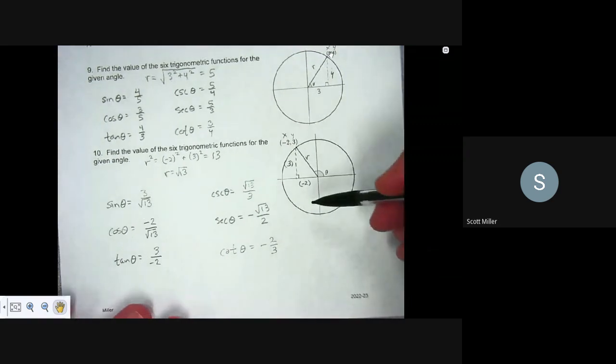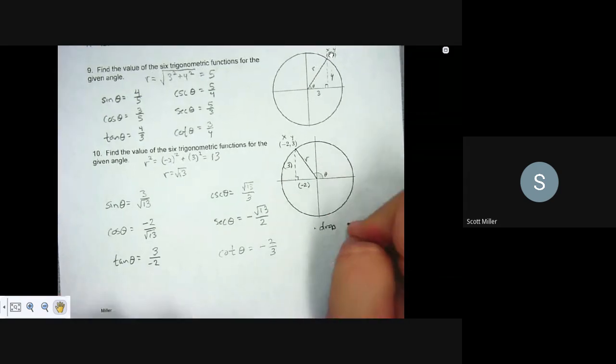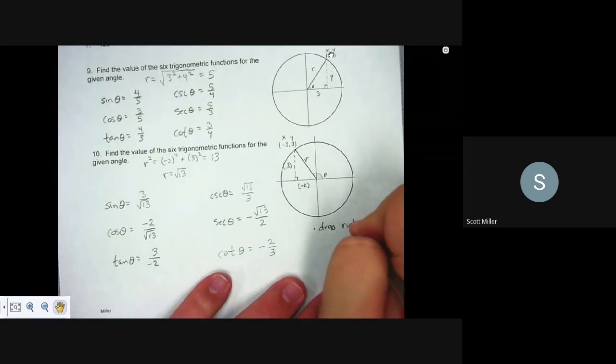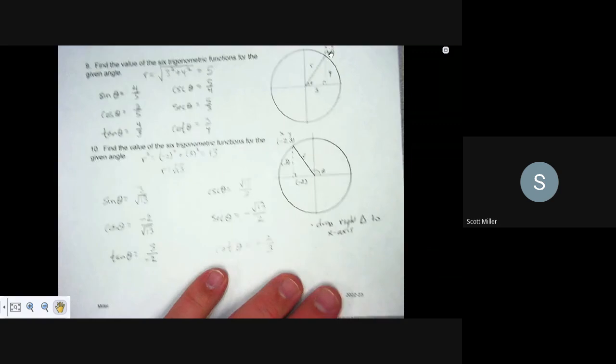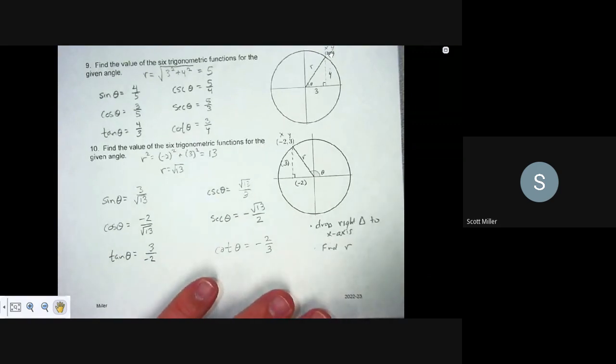So this is what we're going to be doing here in the first section, and so make sure you write down the notes and the process that we talked about. So the process is, you're going to do what? You're going to drop a right triangle to the x-axis. It's always to the x-axis. Okay, you want to find r, Pythagorean theorem.